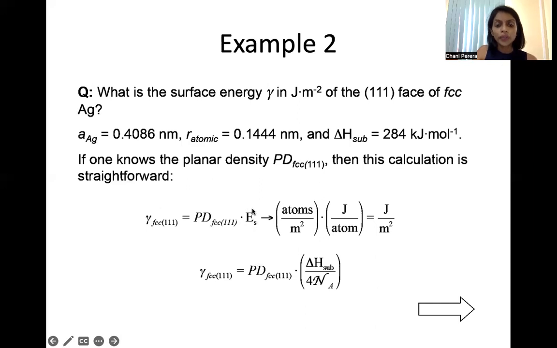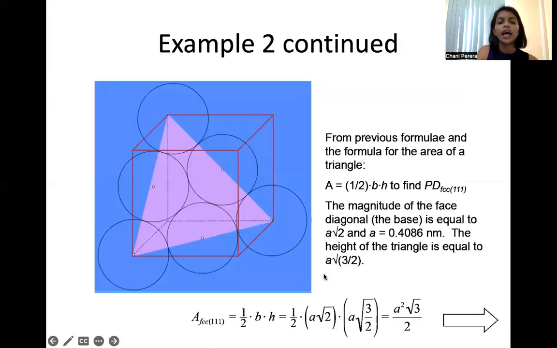So you know the expression for ES from the previous slide, and you can just substitute it here, along with the formula for the area of a triangle. So this is your face-centered cubic structure, and this is the 111 plane, right?